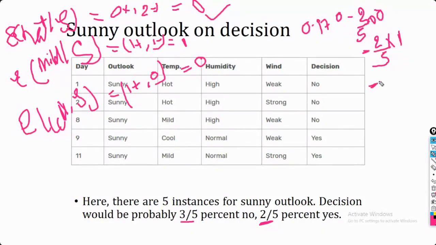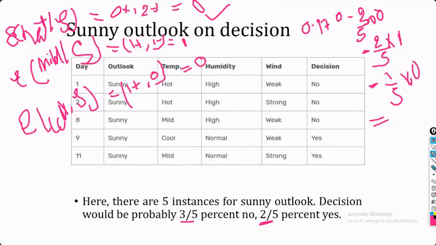Next, out of 5 we are having only one cool, and the value is 0. So when you perform the calculation, you will have the value for your temperature.